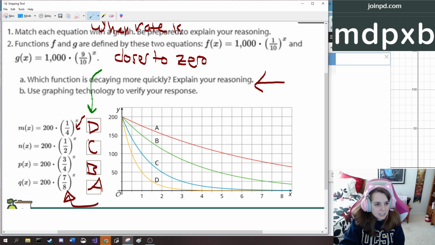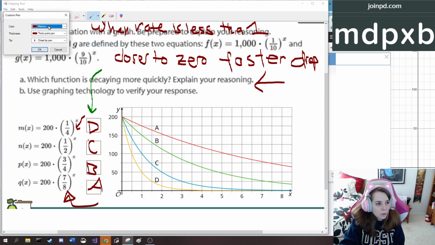When the rate is less than 1 is what we're talking about in particular. So the closer to 0, the faster it's going to drop, but the closer it is to 1, the slower it's going to drop.